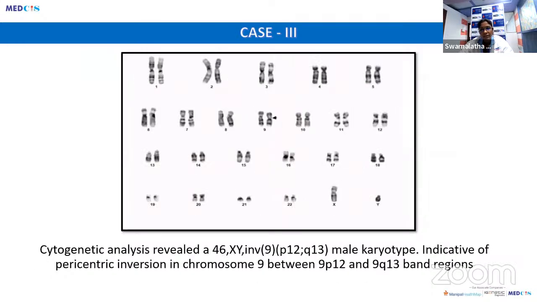Surprisingly, even in the husband's karyotype, we could see a pericentric inversion in chromosome 9, leading to the bad obstetric history for this couple. In the majority of bad obstetric history cases coming for chromosomal testing, only 10 to 20% of couples can be identified as having a chromosomal abnormality leading to infertility.